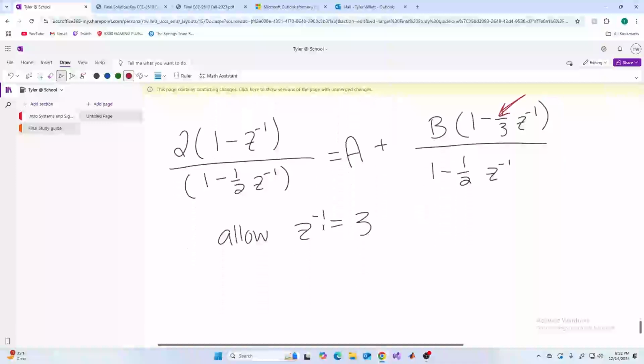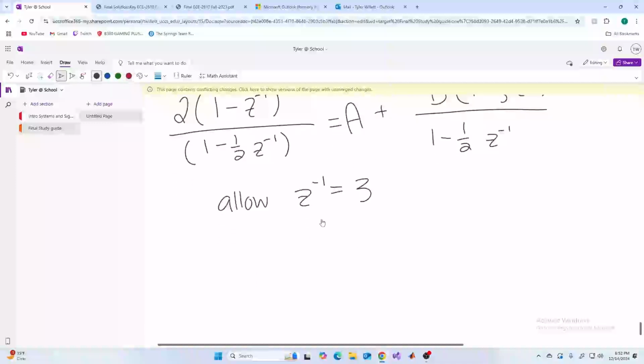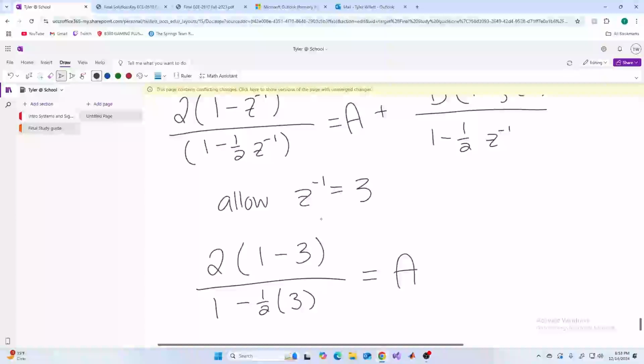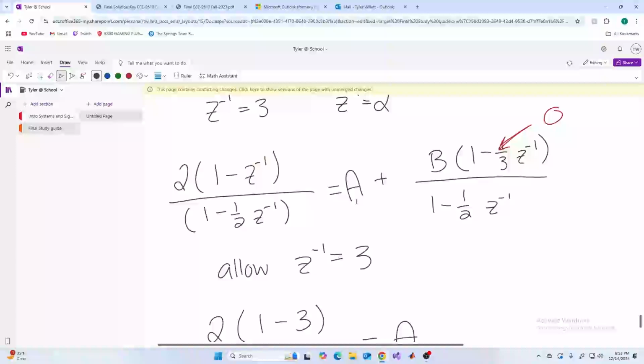And that's the whole point of this. So let me show you. I'm going to have 2, 1 minus 3 divided by 1 minus 1/2 times 3 equals A, because the B goes away.